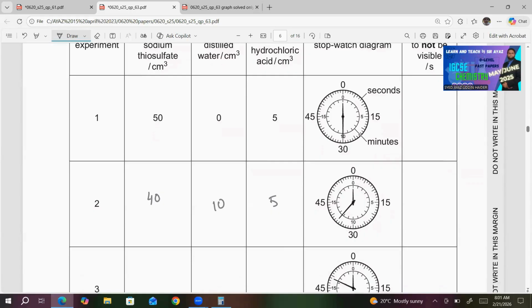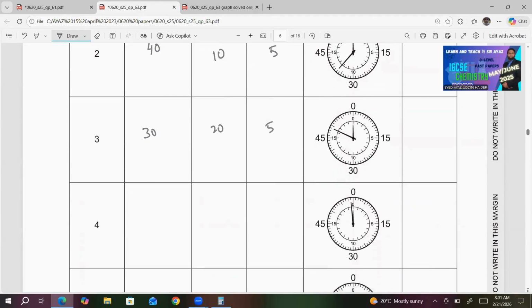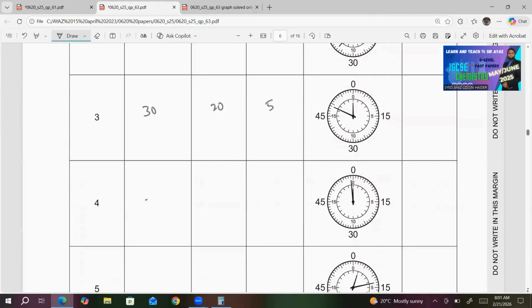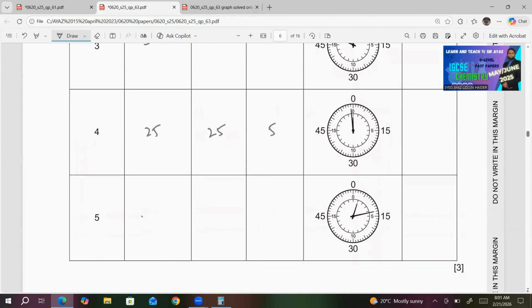So experiment 3, they have used a 30 to 20 ratio, 30 sodium thiosulfate and 20 for distilled water. Again, we are having 5 cm³ of hydrochloric acid. For experiment 4, this time 25, hydrochloric acid again 5. Last one, we have 20 and 30 and 5.